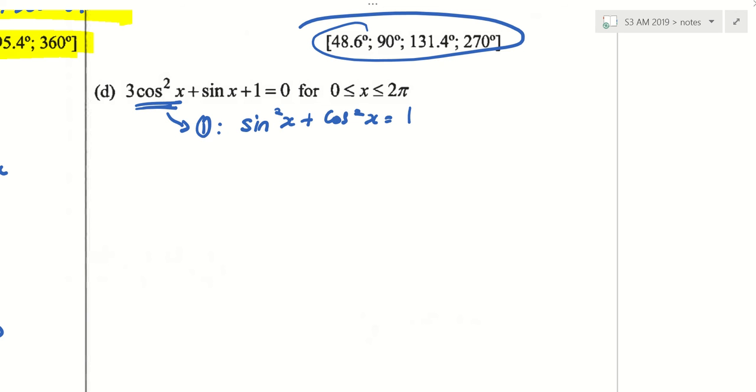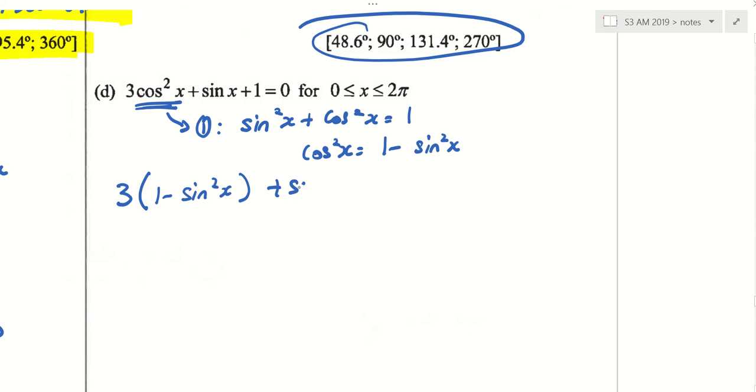Move the sign. Very good. What do I have? 1 minus sine square x, right? Can I put it in now? Can you help me? 3 bracket what? 1 minus sine square, close bracket, plus sine x plus 1 equals 0.